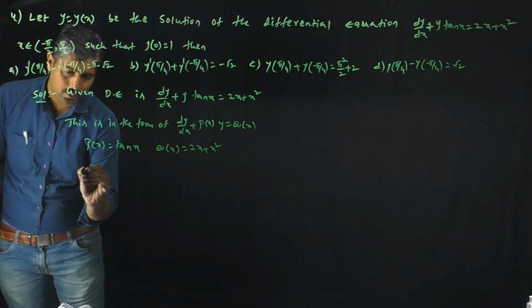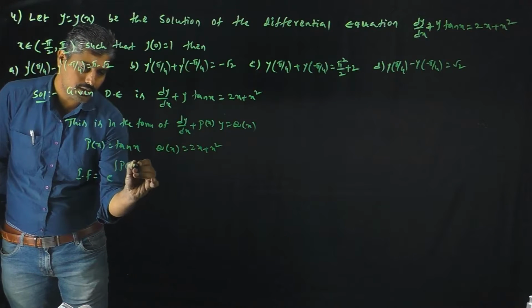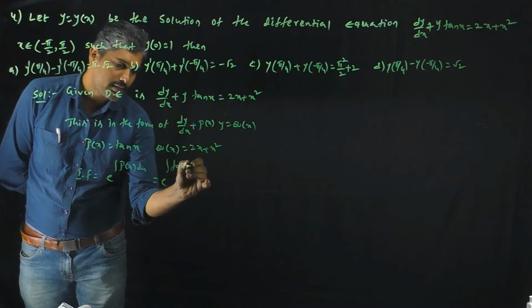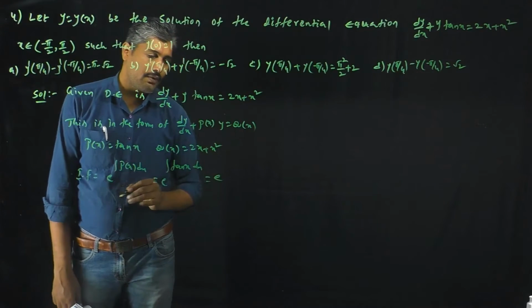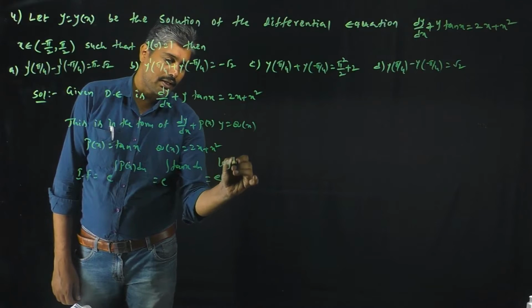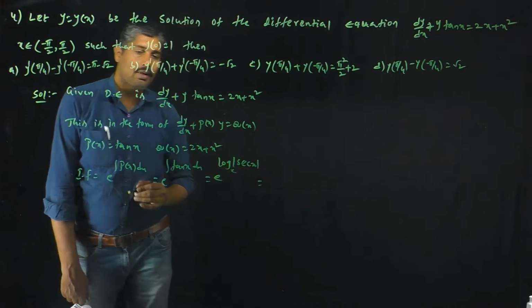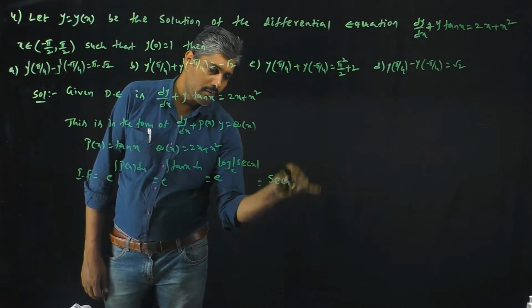First find the integrating factor, that is e power integral p of x dx, that equals e power integral tan x dx, that equals e power log secant x, since integration of tan x is log of secant x. We know that e power log x base e equals x, that equals secant x.